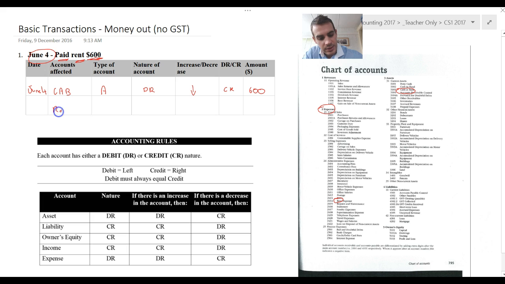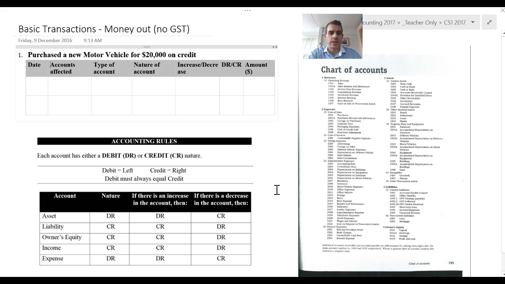Our new account is rent or rent expense. Rent expense down here is an expense account. I'm just going to put an E. The nature of expense accounts, they're debits. Our expense account has gone up. So it was $0, it's now $600 because we paid $600 rent. So that stays the same. A debit for $600.